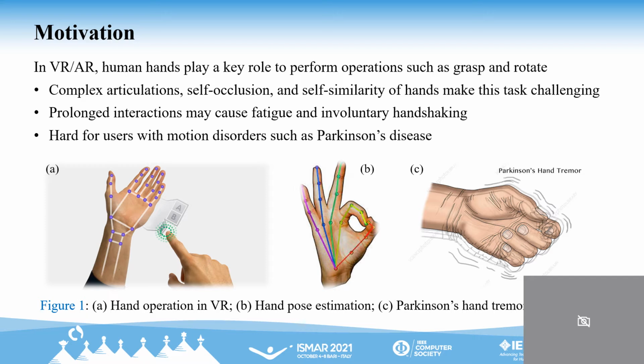Moreover, hand-object interaction in MR is extremely unfriendly for patients with motion disorders such as Parkinson's disease. Therefore, it is of great interest to develop effective hand motion denoising methods for addressing these problems.